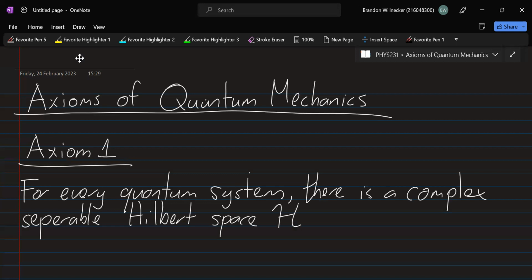We call that H. So for every quantum system, there's a separable Hilbert space H.